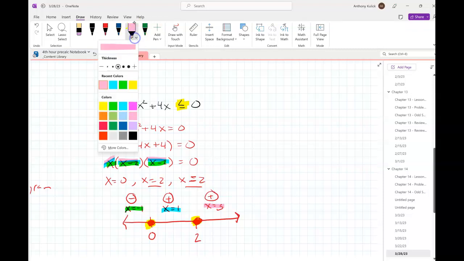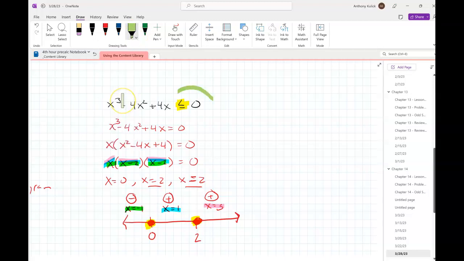So, again, I'm trying to solve less than or equal to 0. So which parts am I interested in? From my sign diagram, which parts am I interested in? The negative parts? Close. You're missing something.